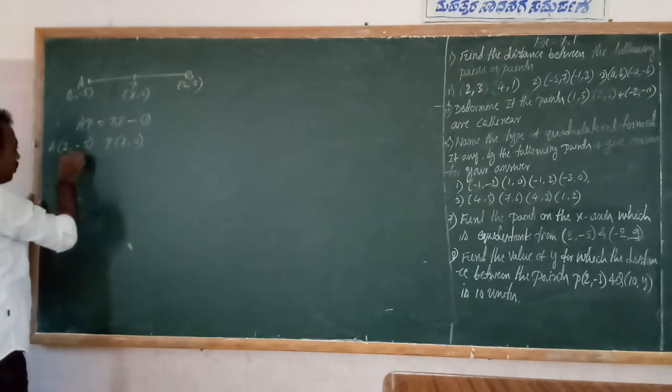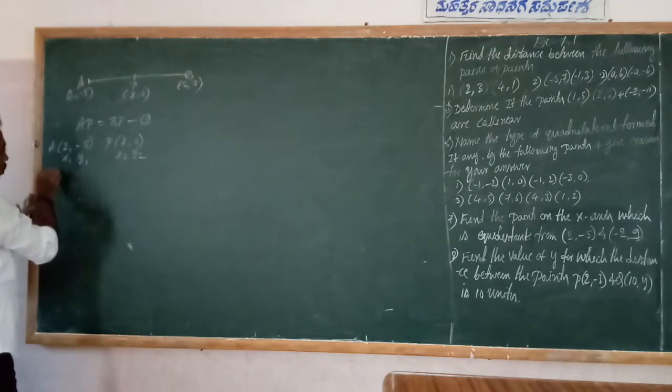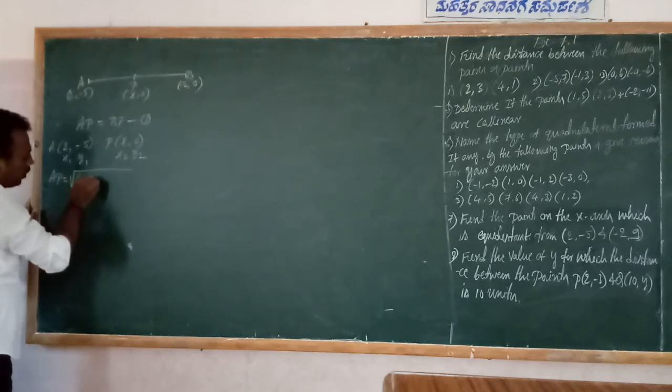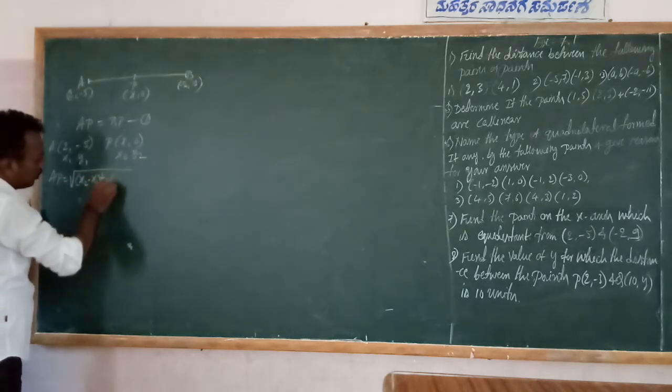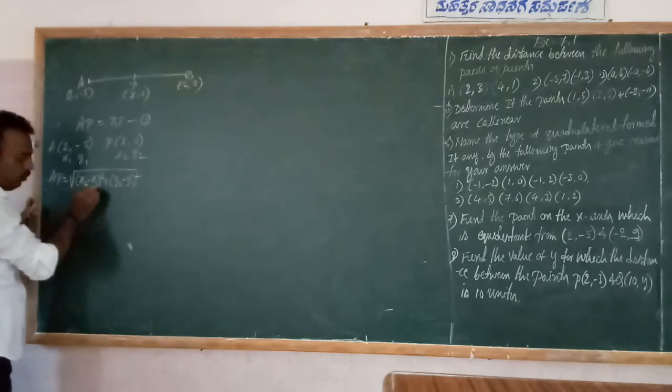So this is x1 and y1, and this is x2, y2. Now we have to find the AP length: square root of (x2 minus x1) whole square plus (y2 minus y1) whole square. Every time you have to write the formula.